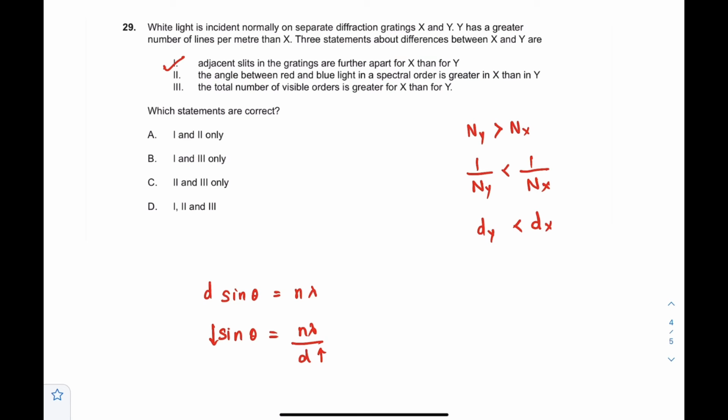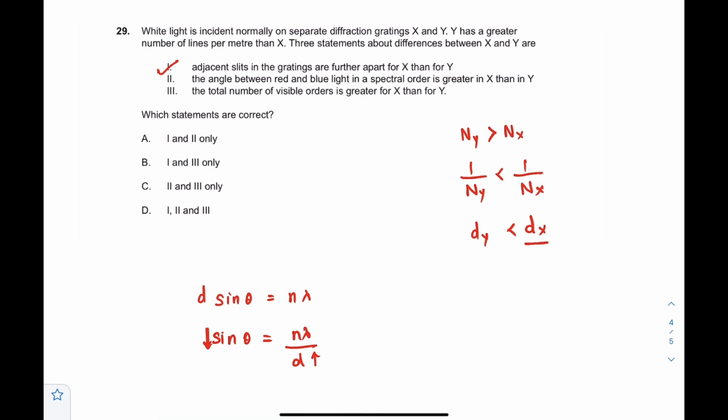So for X we have greater separation between the slits, so it will have the smaller angle. The statement that the angle between the red and the blue light in a spectral order is greater in X than in Y is wrong. Why? Because in X the d is greater. For d being greater, sine theta will be lesser, and if sine theta is less, theta will be less. So statement number 2 is incorrect.